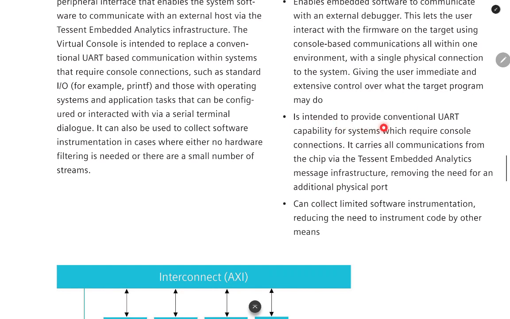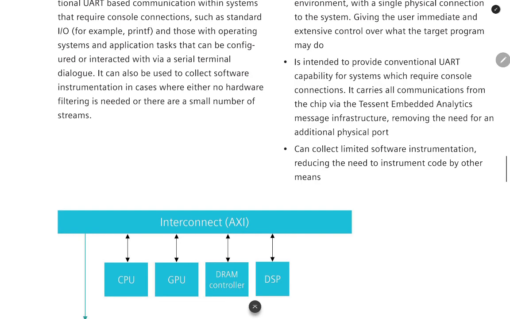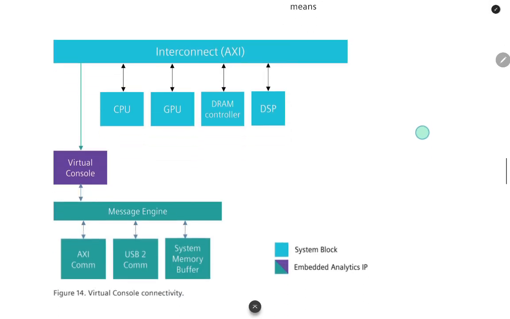It is extended to provide conventional UART compatibility for systems which require console connections. It carries the communication from the chip via the Tessent Embedded Analytics message infrastructure, removing the need for an additional physical port. It can collect limited software instrumentation, reducing the need for instrumenting code by other means.